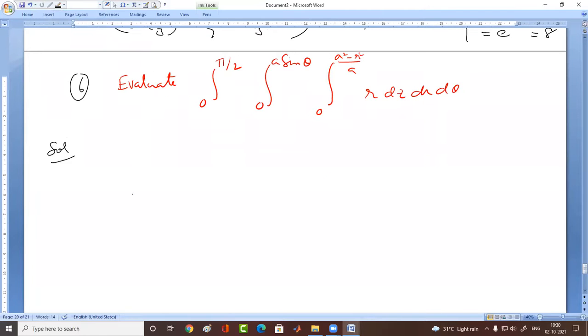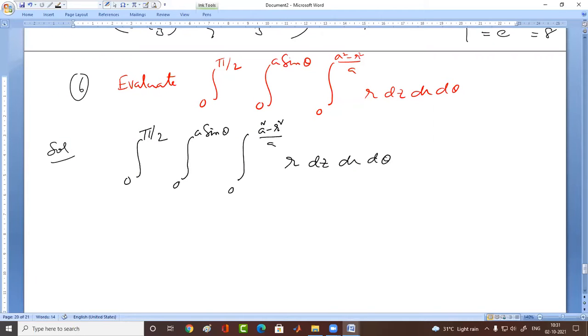Now, listen. 0 to pi/2, 0 to a sin theta, 0 to (a squared minus r squared)/a, dz dr d theta. So here the limits are variable. The first variable is r, another variable is theta, and another is z.